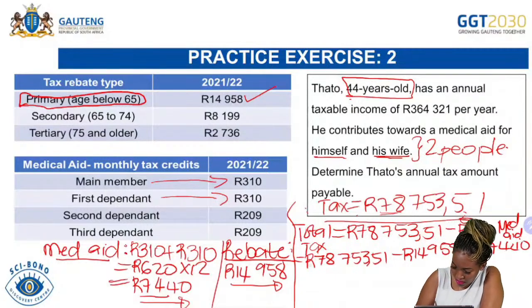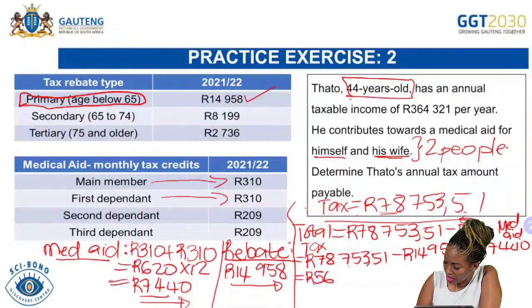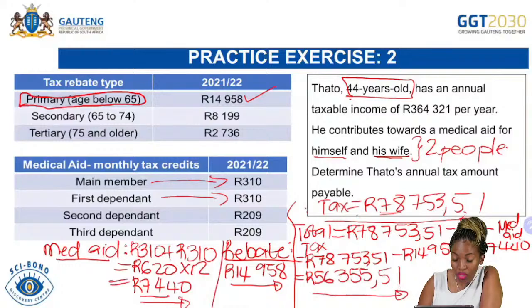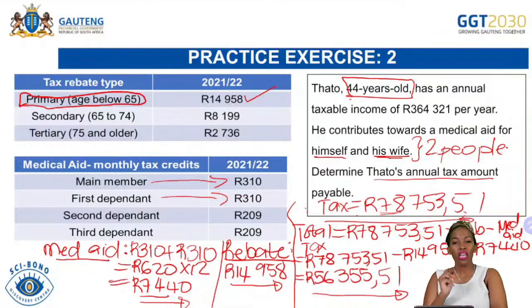And then the answer is 56,355 and 51 cents. Did we answer the question? The question says determine TATU's annual tax amount payable. So yes, we have answered the question. If they wanted monthly, we are going to take this answer and divide it by 12 for us to get the monthly tax that is payable.